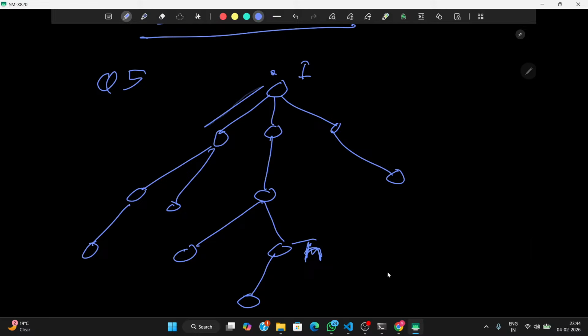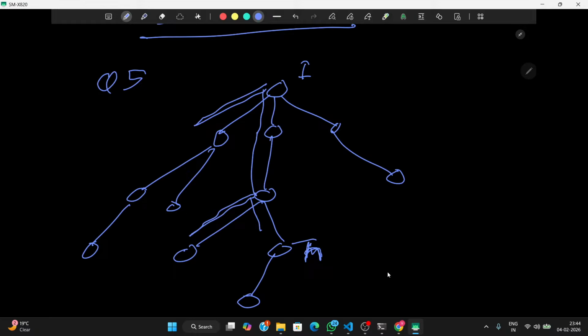Suppose we go here and then we come back, and then we can again go to n in the same fashion. Or we can first go in one subtree and come back, then go here, then go in this subtree again, and then come back and go here.